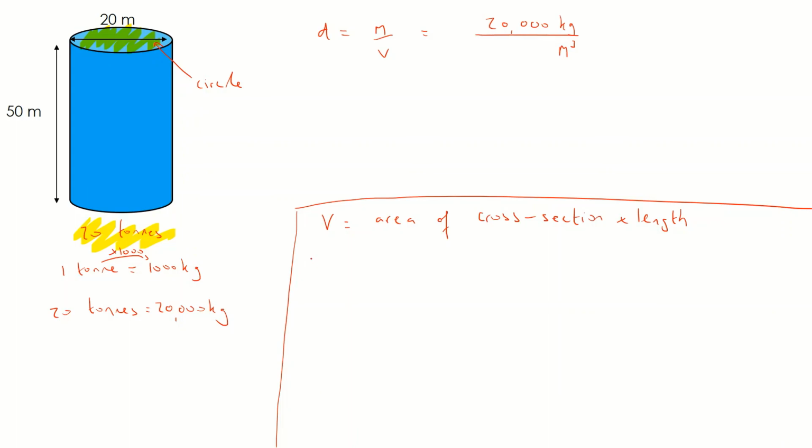So remember now, let's do the cross section first then. So the cross section, remember, a circle's area is pi times radius squared. And for this circle, the radius is not 20. The radius is halfway across. It's 10 meters. So it's pi times 10 squared. Okay. Now, I think I will use a value for pi. Okay.